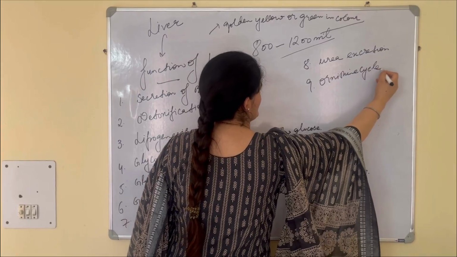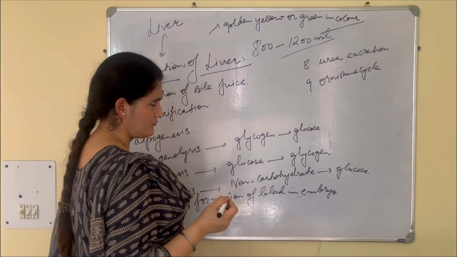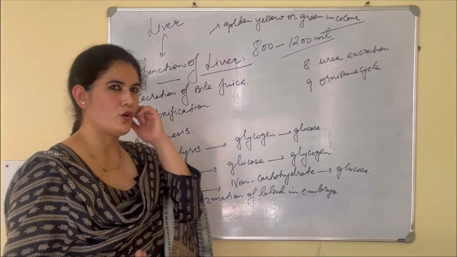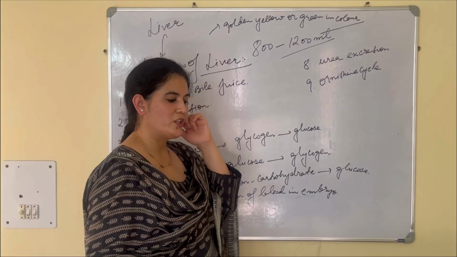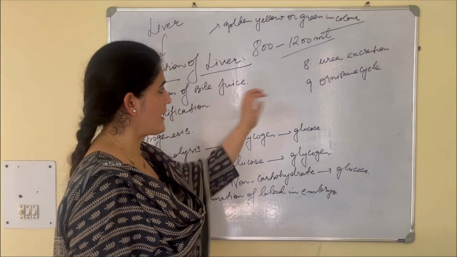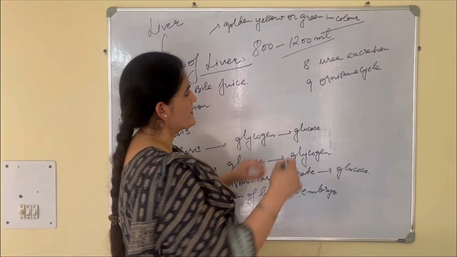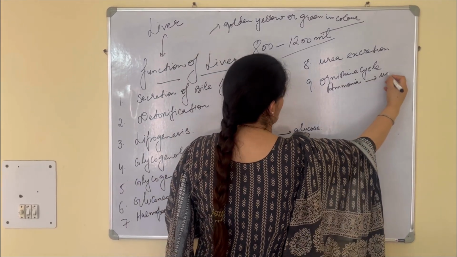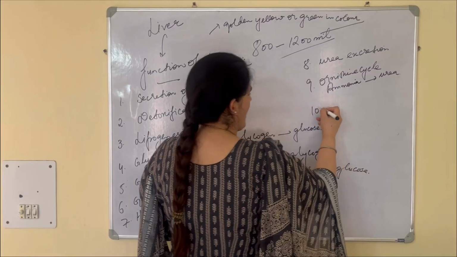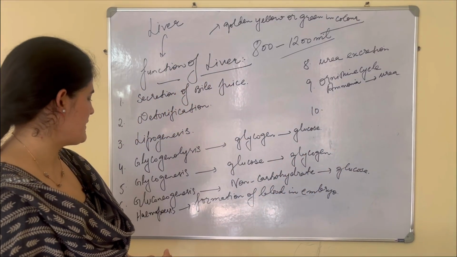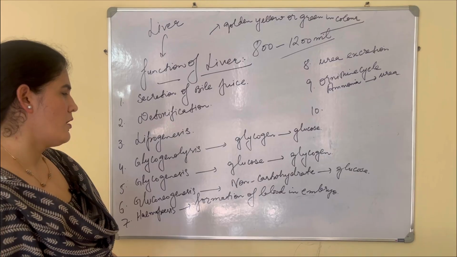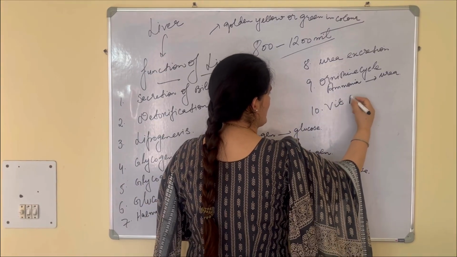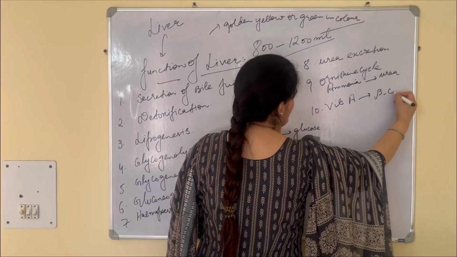You will study it in higher classes, or maybe we will discuss this ornithine cycle in 12th class. Right now we will discuss the functions. In the liver, ammonia is converted into urea, and the tenth function is the formation of vitamin A from beta carotene.